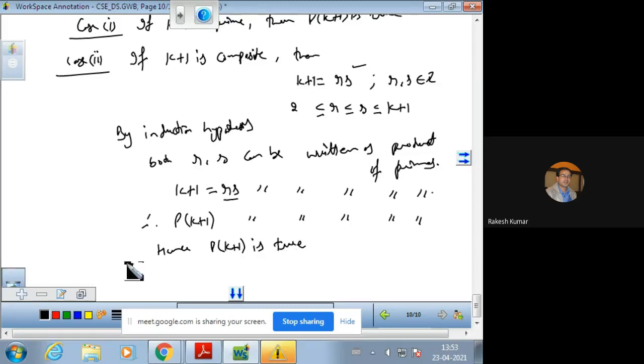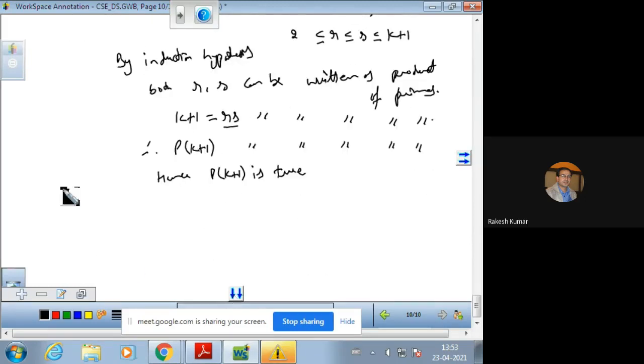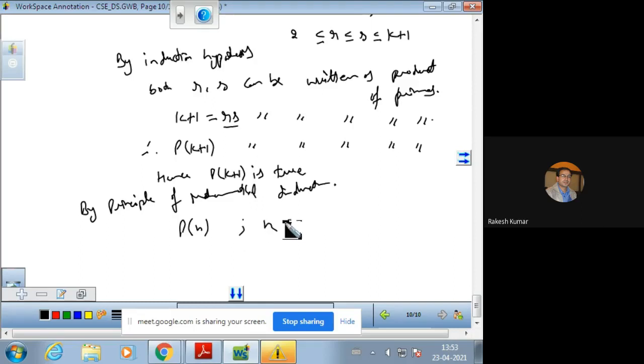So by the principle of mathematical induction, P(n) is true for case of each non-negative integer n. Means to say that P(n) is true for all positive integers. Hence the result. यही लिखना था हमने.